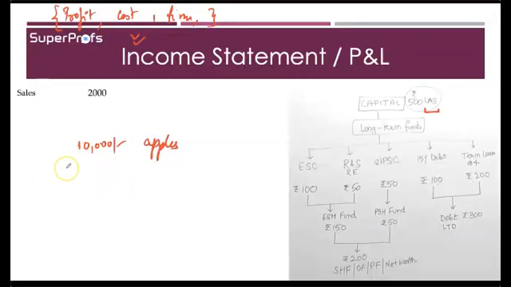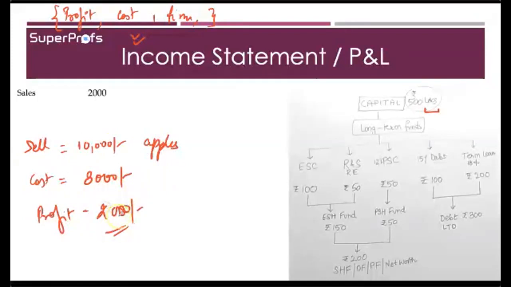The other person might ask, what was the cost at which you had purchased them? And you say I made a very good profit of 2,000 rupees because I had got the apples for 8,000 rupees only. This is a very simple example. You all know this, right?